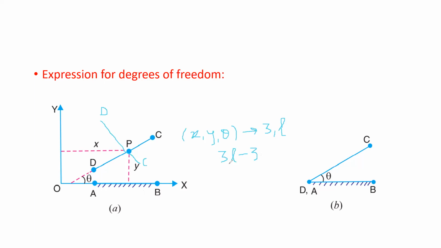Got it? So a mechanism will have degrees of freedom equal to 3L minus 3.